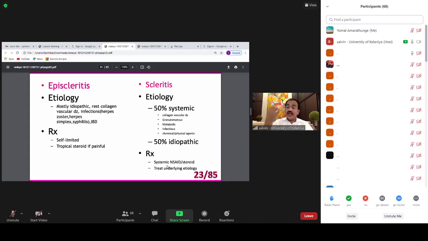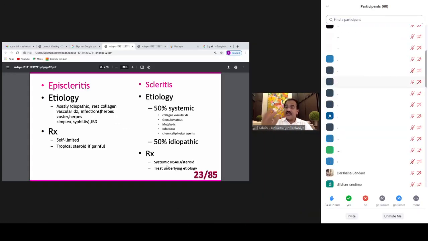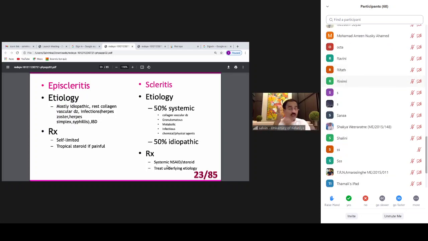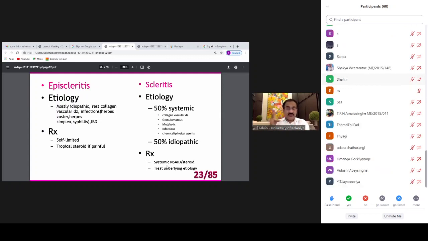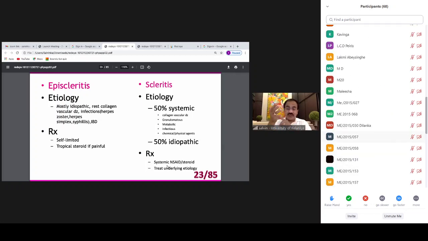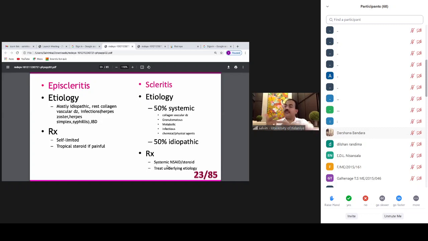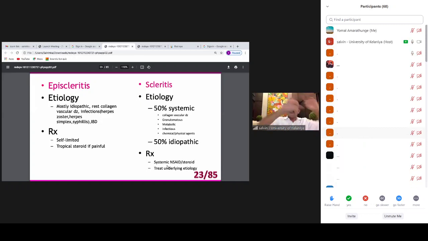And if something is inside the eye, the presentation is different. The cardinal features are vision is less, severe pain, and circumcorneal inflammation of the conjunctiva. Severe pain, vision is lost. These are not hard and fast rules, but those are the common things.